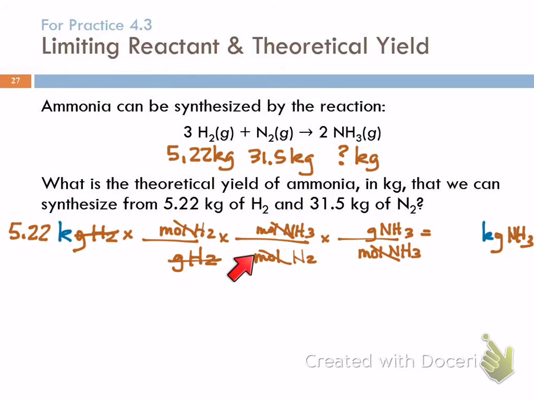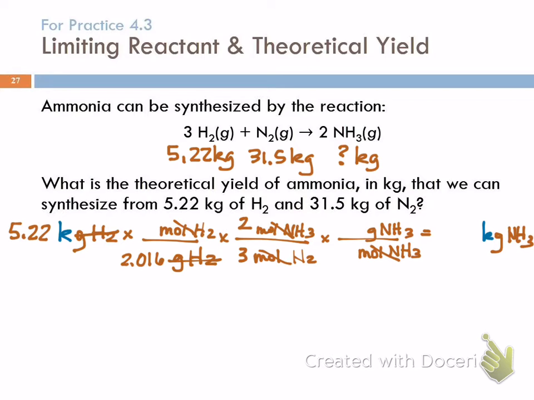What goes in the middle here? How many moles of NH3? 2. And how many moles of H2? 3. And then over here, I've got the molar mass of hydrogen. That's 2.016, 2 times the mass of hydrogen.